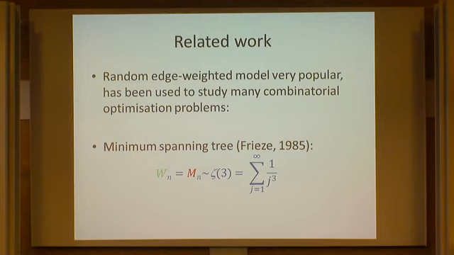And this is what's called the stochastic mean field distance model in the title. One example is the minimum spanning tree, which was studied by Frieze, who showed that for the n-node complete graph, the total weight of the minimum spanning tree is zeta of 3. This is the Riemann zeta function at 3, so it's the sum of this infinite series.